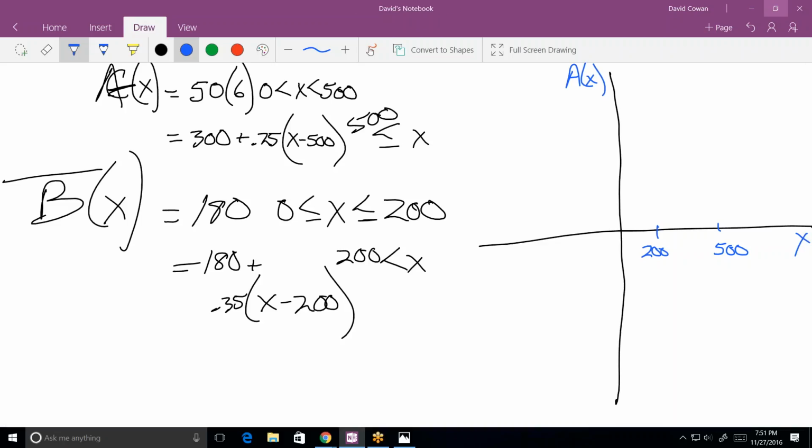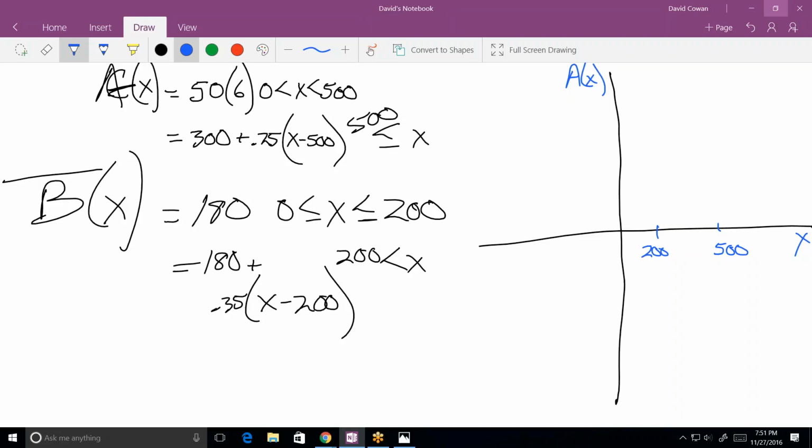So what's my graph look like up to 500? Where on the vertical axis should I draw my line? At 300.